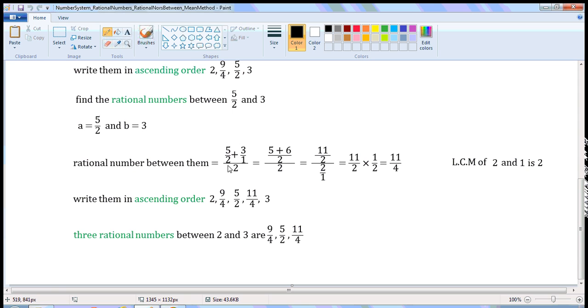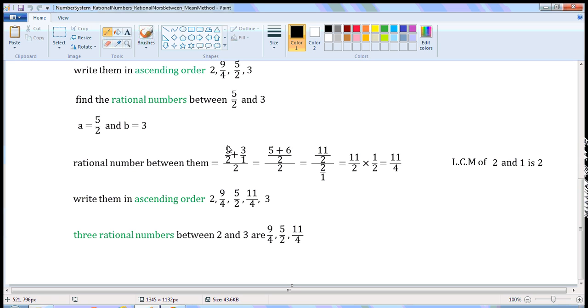Now add these fractions by finding the LCM. LCM of 2 and 1 is 2. 2 and 1 do not have any common prime factor. So LCM is equal to 2 into 1, which is 2. So write 2 here. Divide this 2 by the first denominator 2. 2 when divided by 2, we get 1.